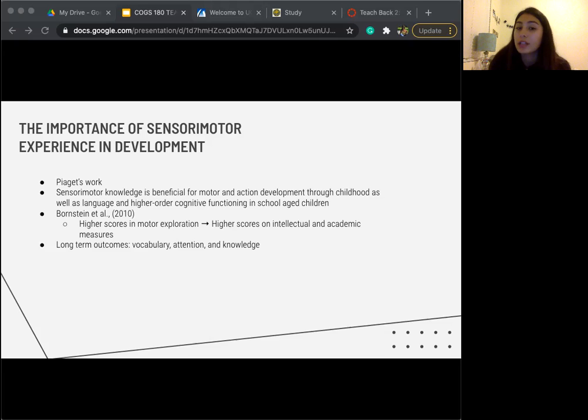This review includes a study by Bornstein et al. in 2010, where they found that higher scores of motor exploration were correlated with higher scores of intellectual and academic measures when they reached the ages of 4, 10, and 14 years old. So basically suggesting that there's a positive long-term outcome because there can be enhancements with their vocabulary, attention, and knowledge.